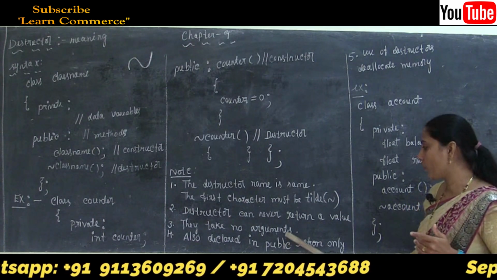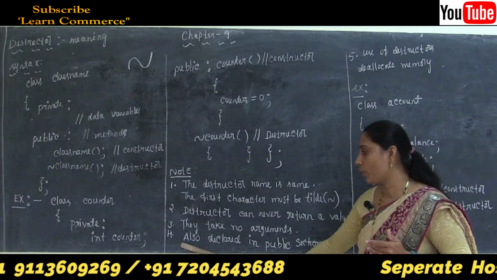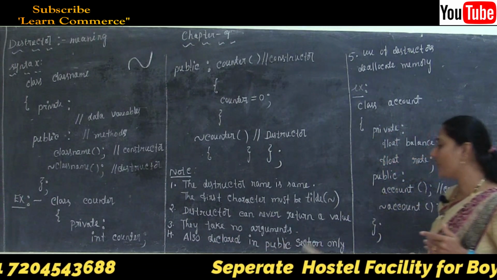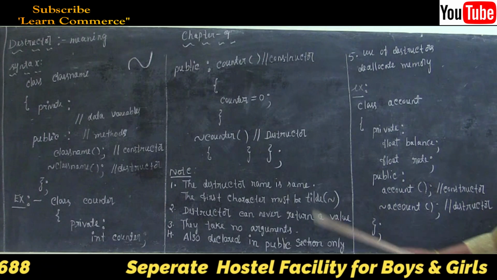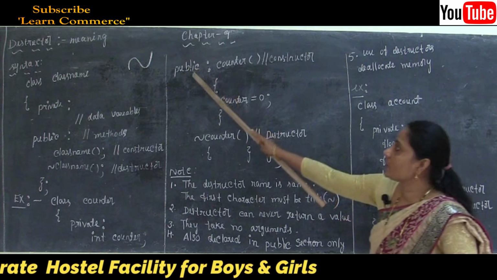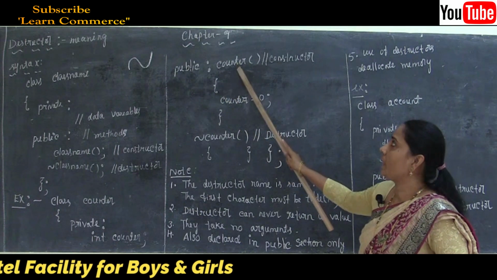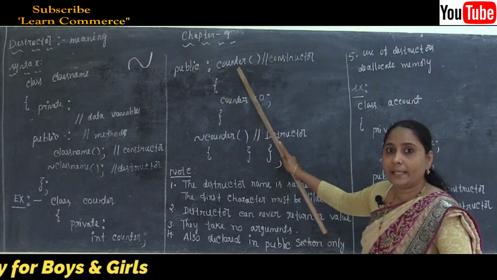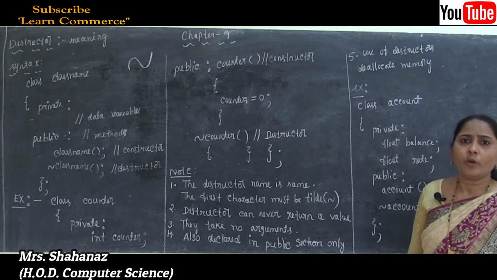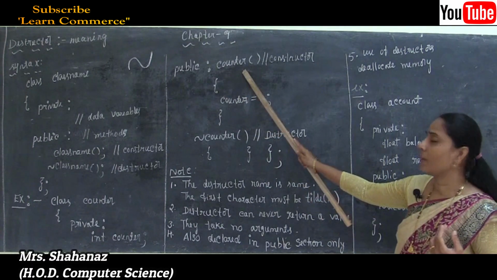Clear this point? And next, the fourth point, we can say that it should be declared in the public section only. So where did I use the destructor special member function? This is the public access. In public access, first of all I declared, I defined; sometimes we declare, sometimes we define, but in this example I defined.